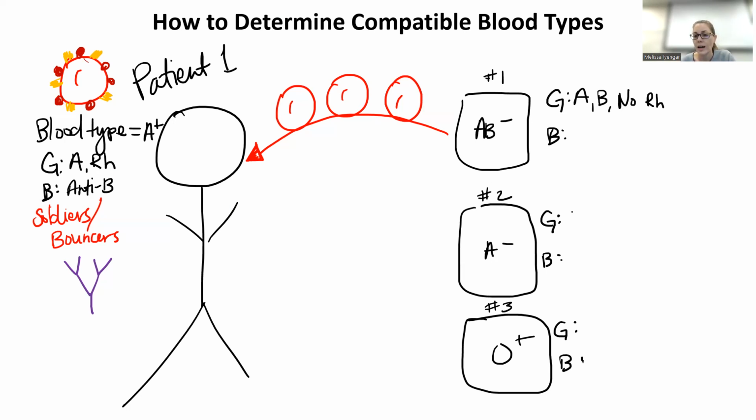A negative has A and no RH. O positive has none and RH. And when I say none, it has no A or B. You could put A and B none if you want to, or no A, no B, or you could just put RH.